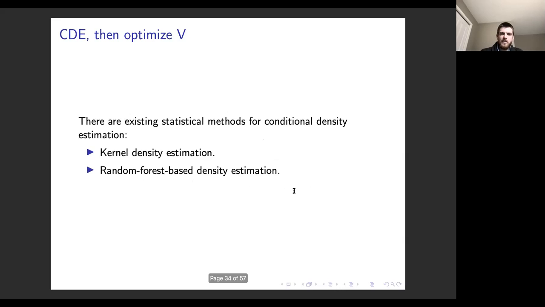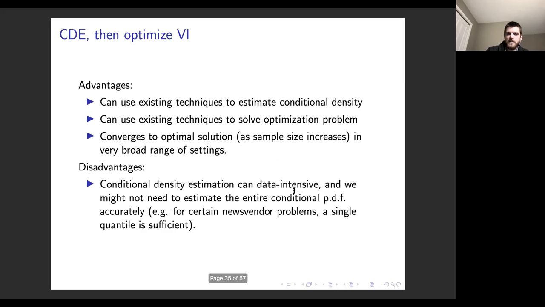Yeah. So the advantages of this are that it leverages existing statistical methods, because there are existing statistical methods for conditional density estimation. Some popular ones include kernel density estimation and random forest-based or tree-based density estimation. And as I've already mentioned, the resulting optimization problems that you need to solve to get your actual policy look a lot like sample average approximation and are ones that we can solve.